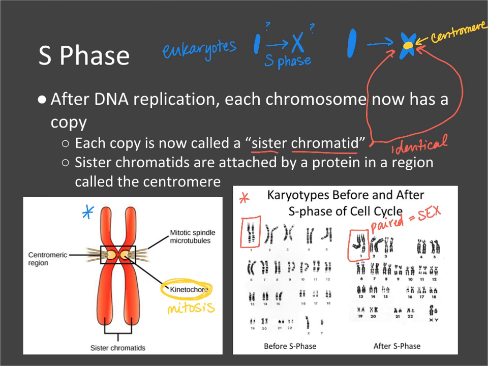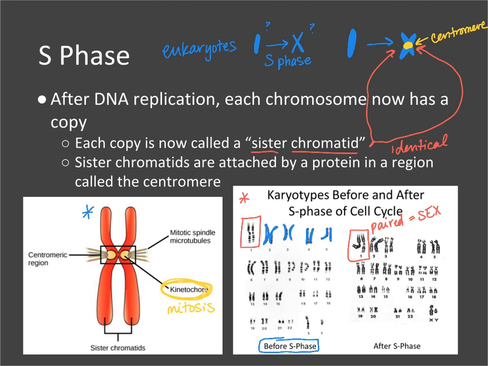Now, the main difference actually has to do with whether these chromosomes are linear or X-shaped. You can see that on the left-hand side here, we're looking at before the S phase. So this is before the DNA has been replicated. And so each one of these chromosomes is just made up of a single bar shape. All right, and they're paired up, but they're not attached to each other by that centromere region.